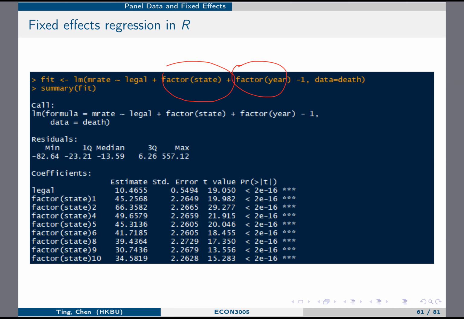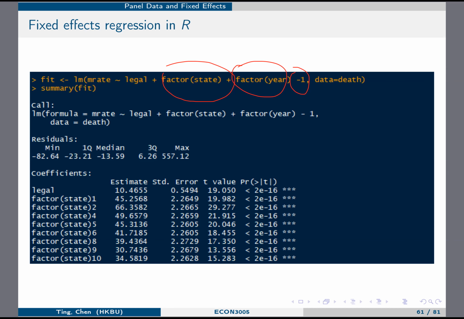And then remember, if you have all the dummies for state and all the dummies for year, you can't absorb all the degrees of freedom. So you have to exclude the alpha, so add -1 to exclude the alpha. Actually, in practice, if you don't write this -1, it will automatically drop one factor, either state or year, from the regression estimate.